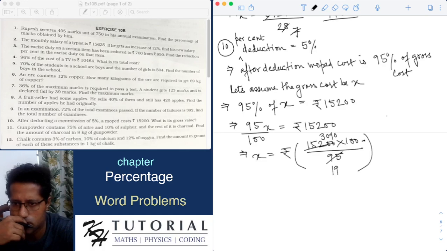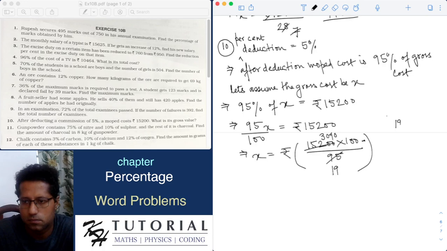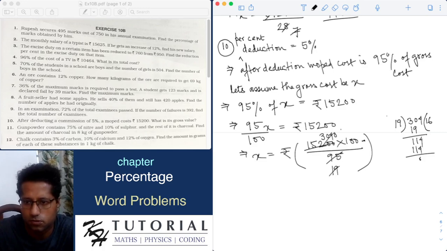Okay. And will 19 divide 304? 1, 19, 11, 4, 6, okay. So 19 divides 304 with 16, so this is 160.